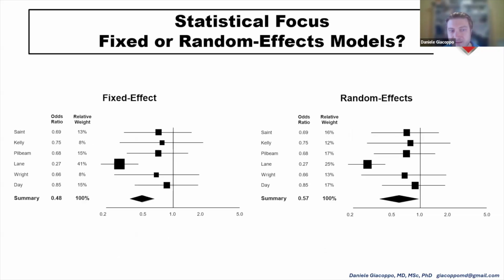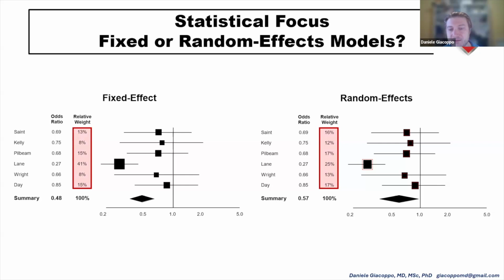The pragmatic implication of this difference is that the fixed effects model has a different weighting from the random effects model. You can see that the larger studies tend to be down-weighted in the random effects model, while the smaller trials are taken more into account.